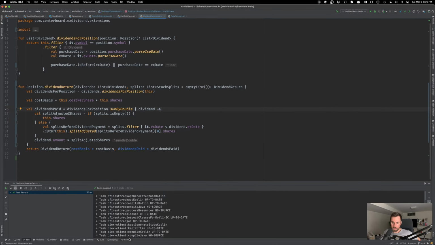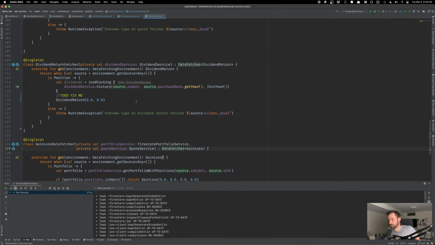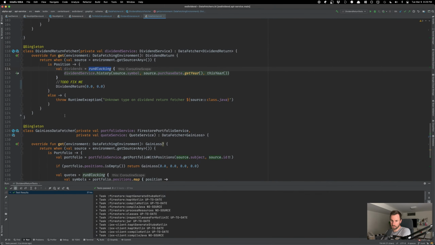Okay, so that's good. Now we need to wire this to the API, which there's a couple things we need to do here. So first off, this data fetcher is not asynchronous. It's using this nasty little run blocking coroutine scope, which is no good.